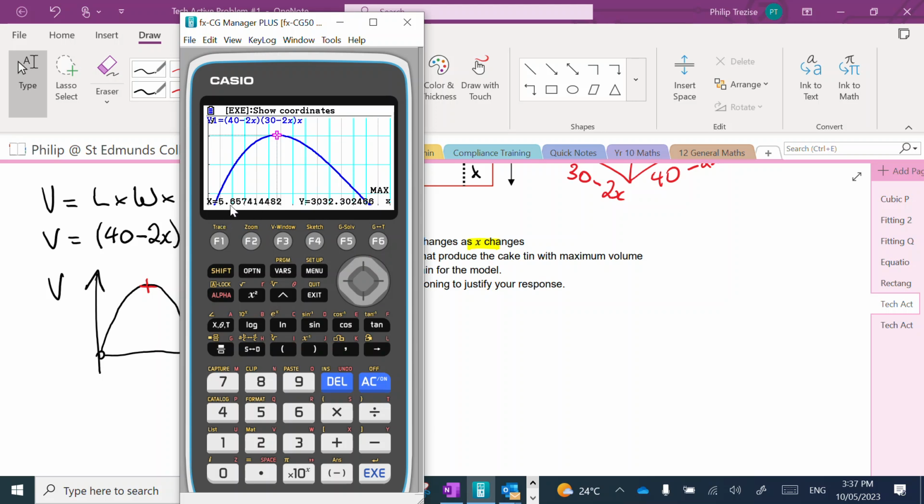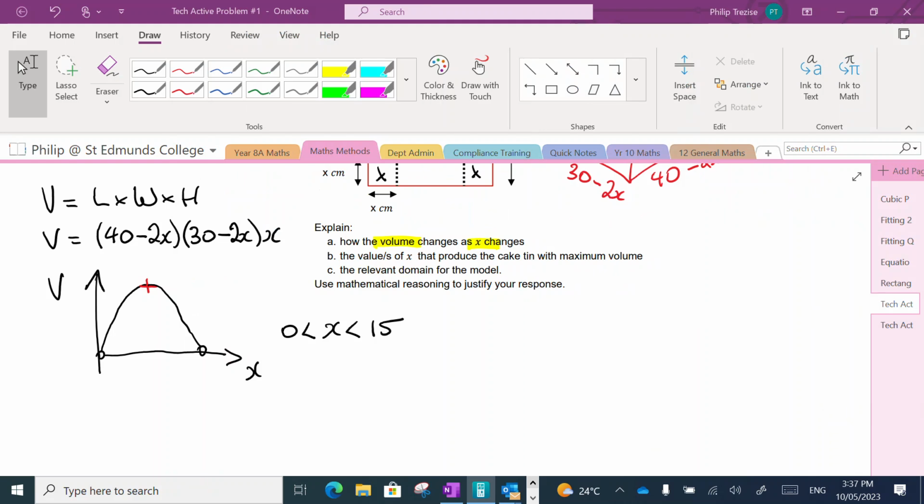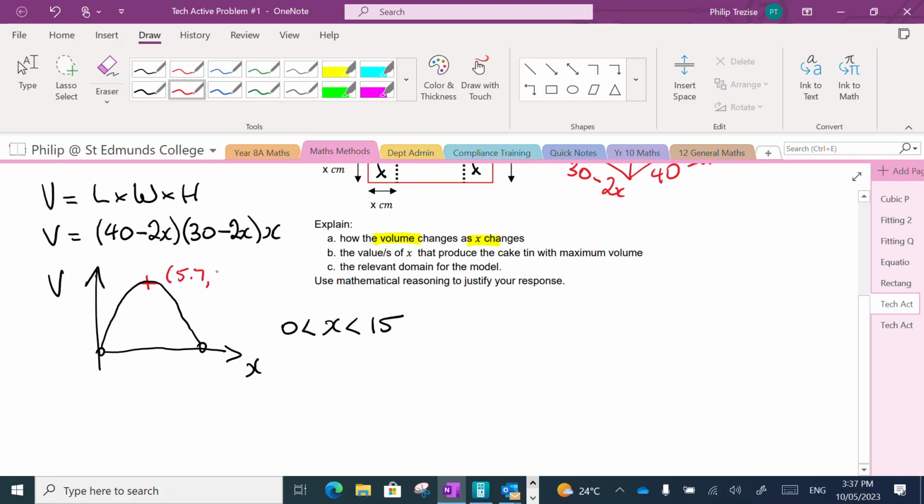My x value of 5.7 gives me 3,032 cubic centimeters. So that point up there, 5.7 for x, 3,032. So we've covered the domain, the value of x that produces the maximum.